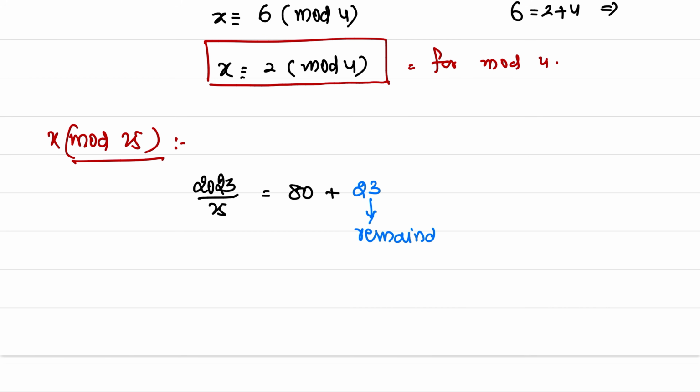Remainder, you write it. It is not a multiplier. It is a remainder. Please remember. For that only I am writing it in blue ink.